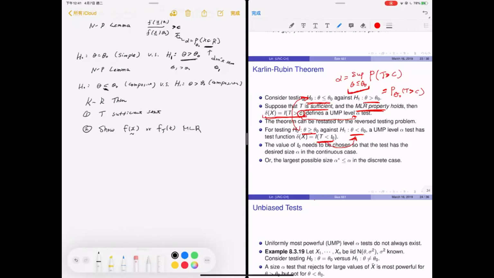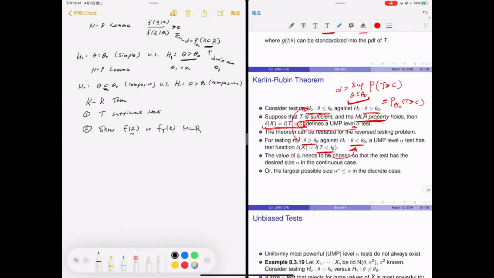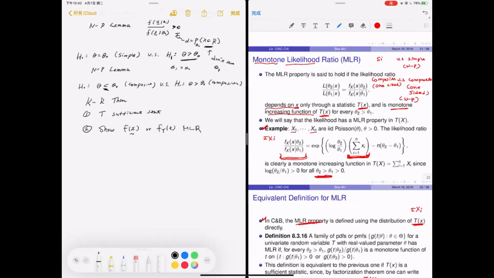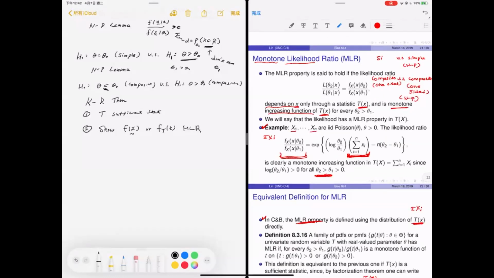Let me say something you might feel confused about, but it could happen because I really don't know what sufficient statistics you are going to find. Say you do find your ratio of two PDFs, and you are very, very sure it is a decreasing function of your sufficient statistic, not an increasing function. I'll say it again, decreasing function.